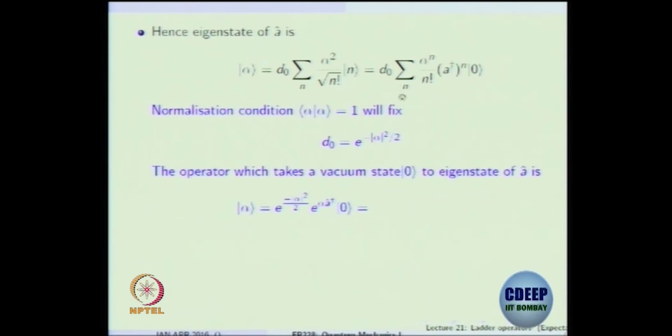Alpha in general could be complex. Why? Because the A operator is a linear operator, it's not a Hermitian operator. If it was a Hermitian operator, I could assertively say alpha is real. But because A is not a Hermitian operator, A is not equal to A dagger. So alpha could in general be a complex eigenvalue.